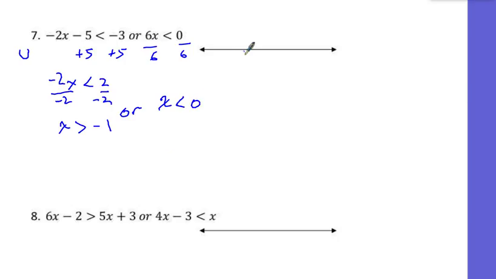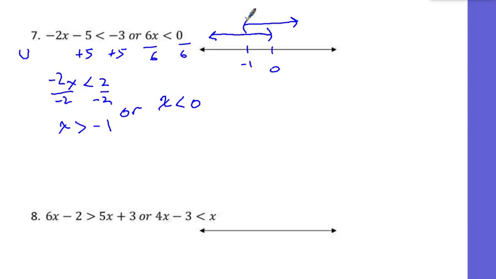So negative 1 and 0 are the critical points, and x is greater than or equal to negative 1, or x is less than 0. I think I just said x is greater than or equal to negative 1. It is not. It is only greater than. So both cases are not or equal to, and therefore I use parentheses in both cases.